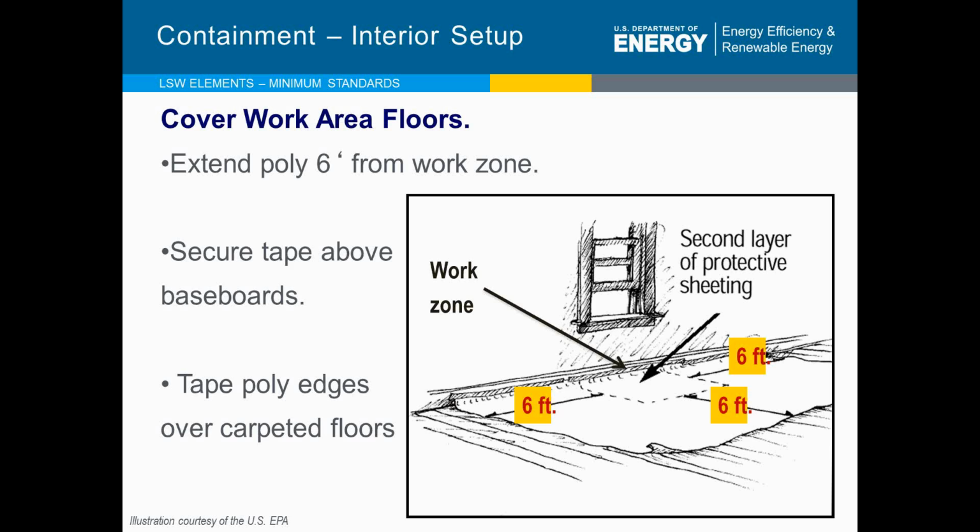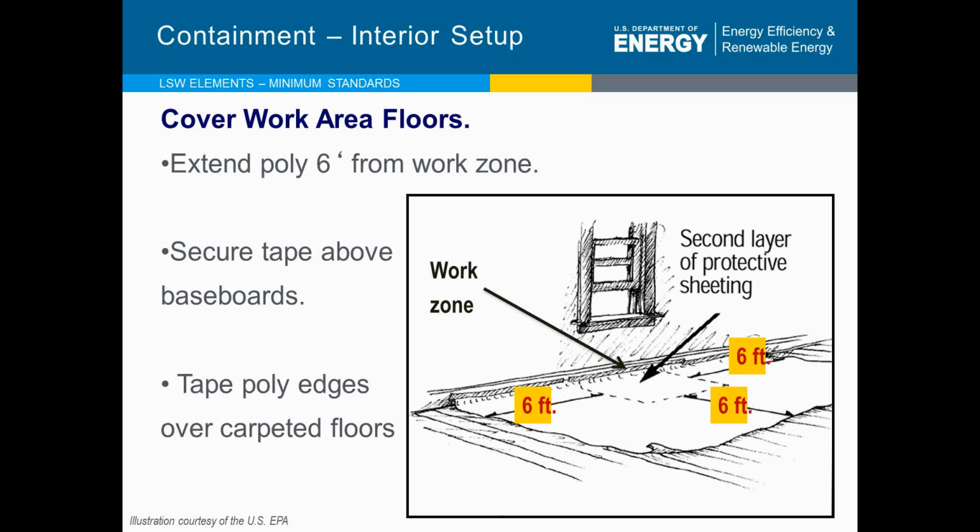A couple of key points here. We secure tape of the proper type, whether it be painter's tape, frog tape, Gorilla tape, duct tape, whatever is not going to destroy the paint or the finishes. We tape above the baseboards, not to the baseboard, but above the baseboard, so dust cannot get behind that baseboard.